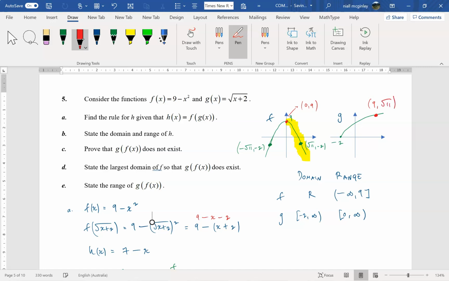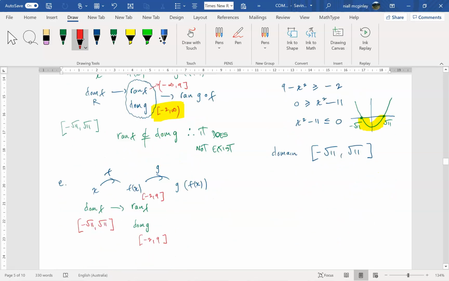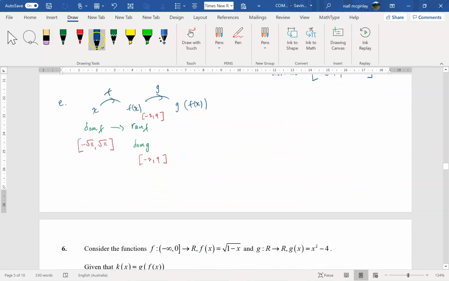So this is the only part that's going to exist in the composite now. So therefore the range of the composite function is going to be 0, but it's going to stop at root 11. So the range here is going to be 0, and it's going to go up to root 11.